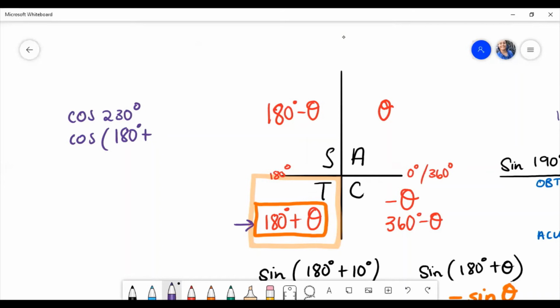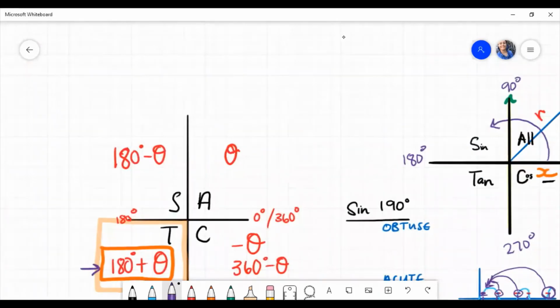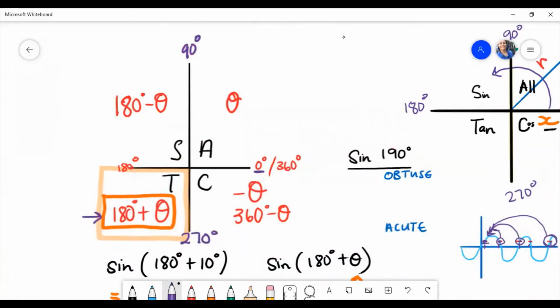So you're either adding or you're subtracting, or as soon as you have passed 270, you will work with 360 minus. So rule of thumb is to always know where your 0 degree, 90 degree, 180, 270 are.